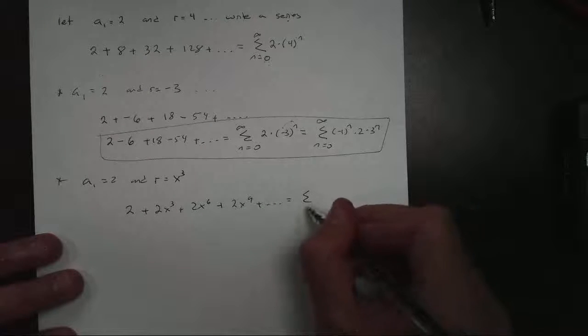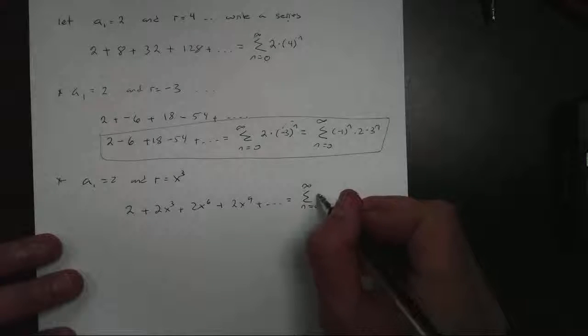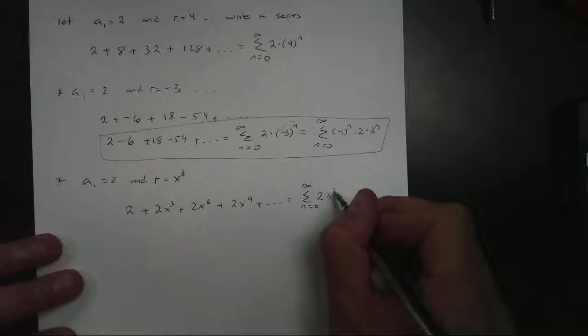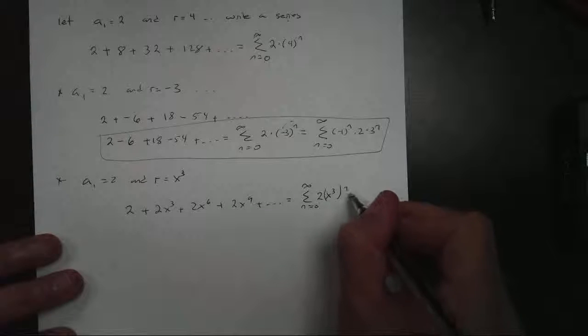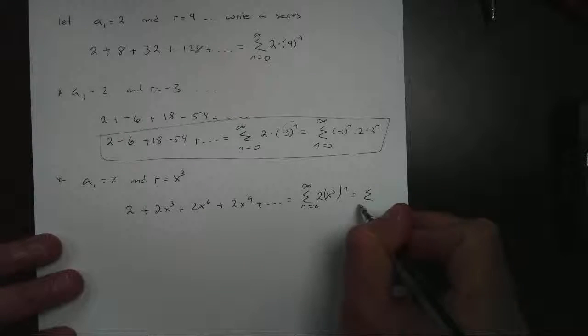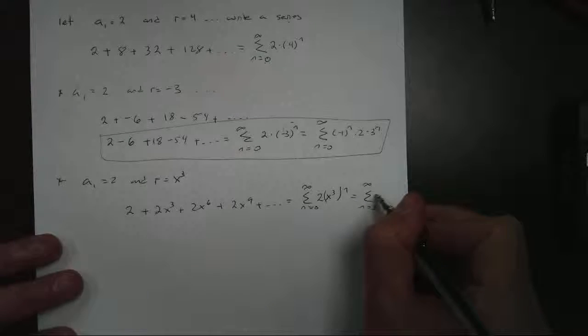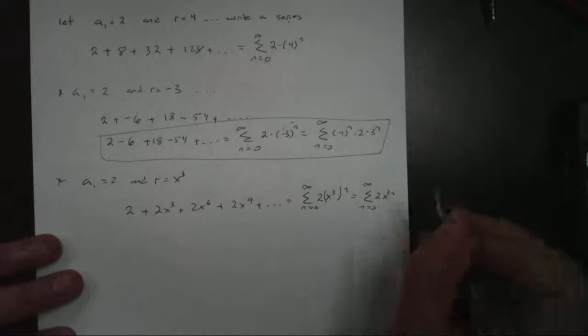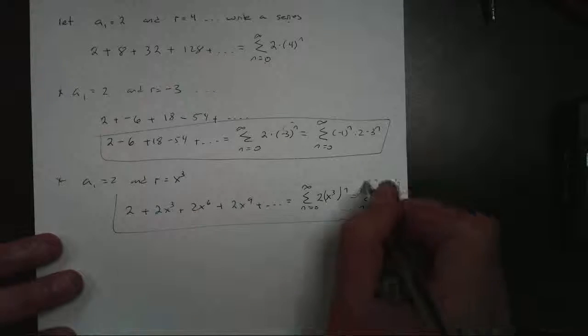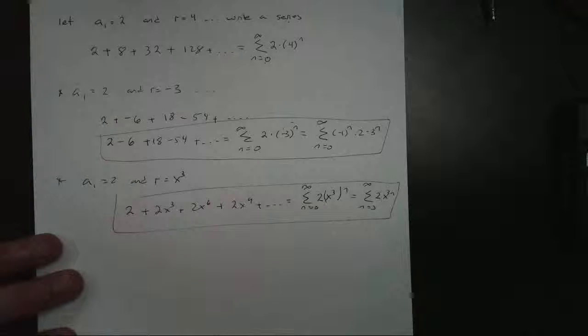And if I write this as my general term, we're going to go from 0 to infinity of 2x cubed, be careful, to the n, or if you want to, 0 to infinity, 2x to the 3n. And there is our geometric series.